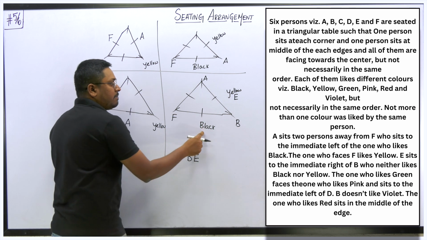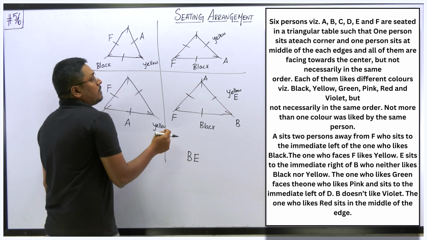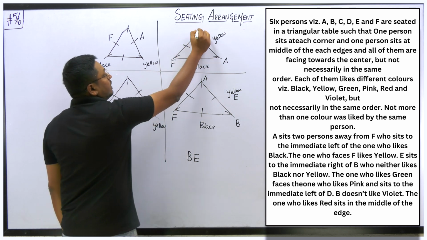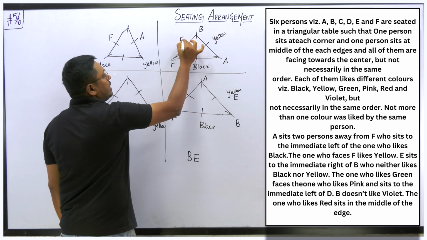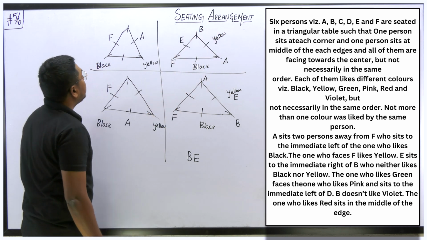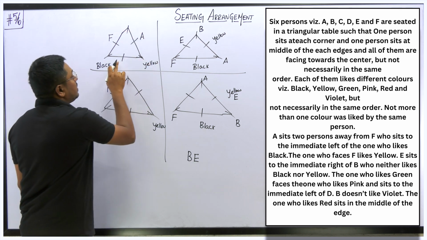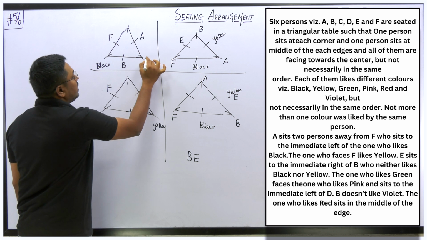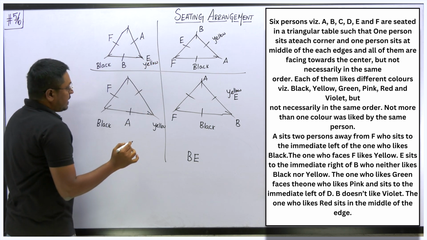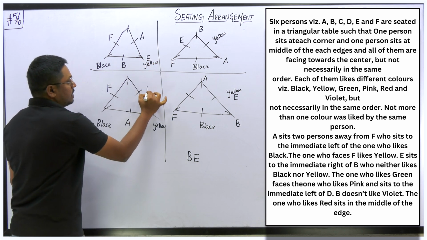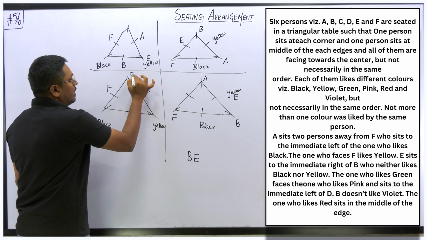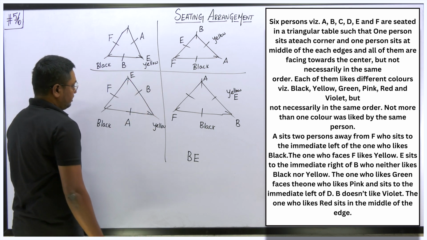Because B does not like black or yellow. So here this will be B and this will be E, right? And when you move on to this diagram, B and E. So this will be B and this will be E. So in this diagram, B and E. So this will be the place for B and this will be the place for E, right?